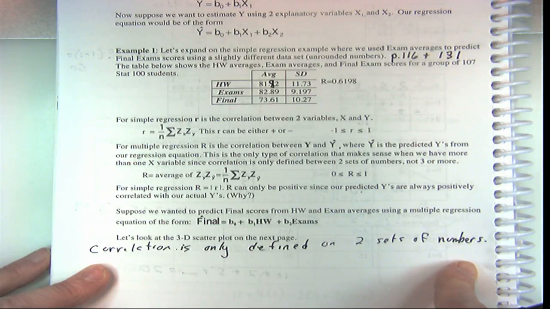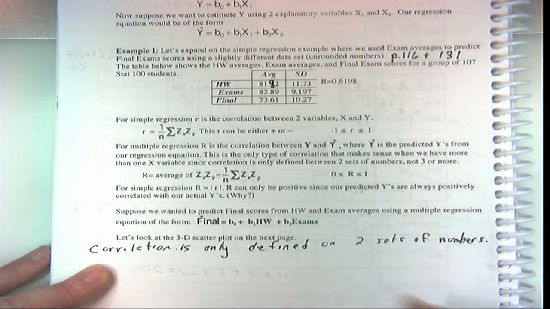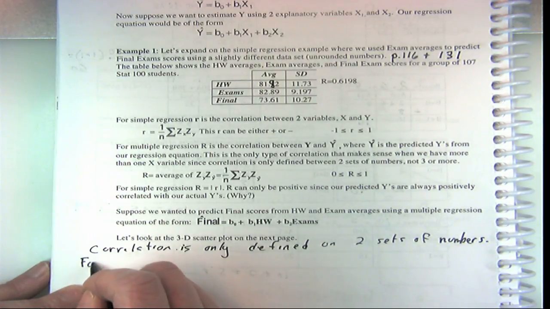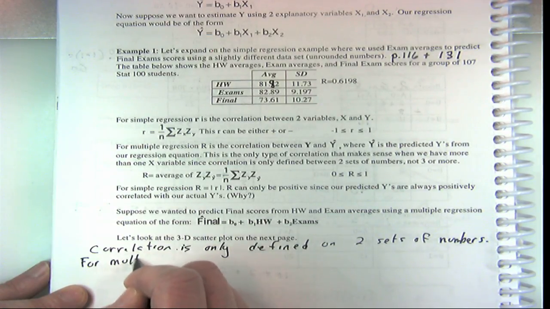So for multiple regression, where you have three variables, you have to do something different.